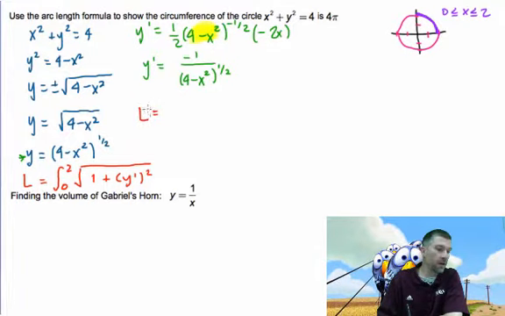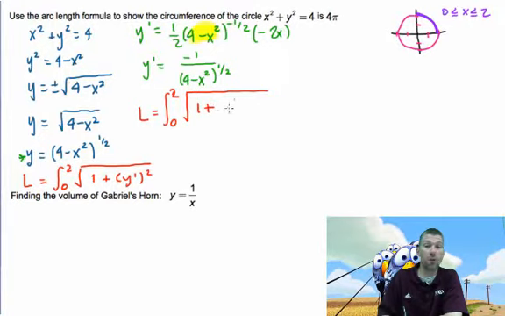Our arc length then is going to be the integral from 0 to 2 of the square root of 1 plus the derivative squared. I'll go ahead and write it in here, negative 1. Oh, whoops, that should be an x up there.